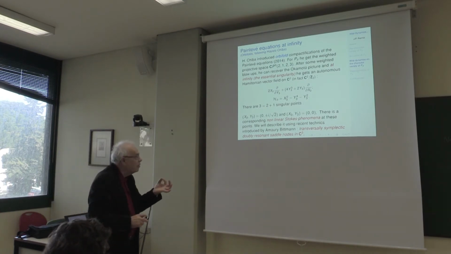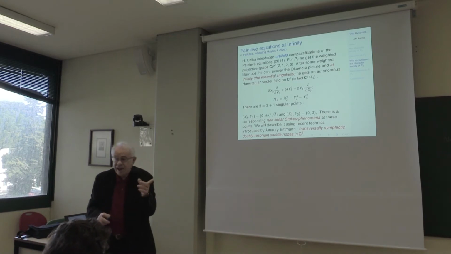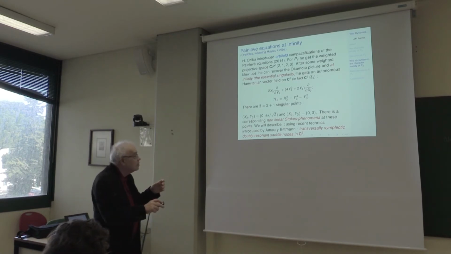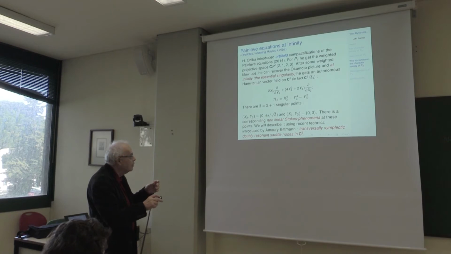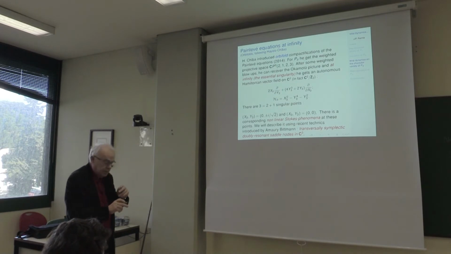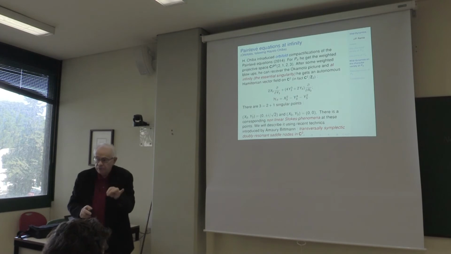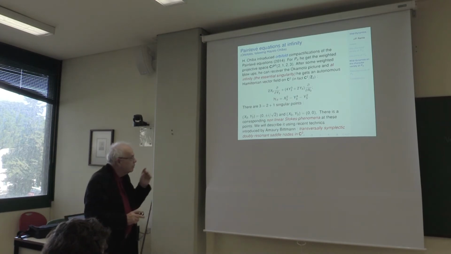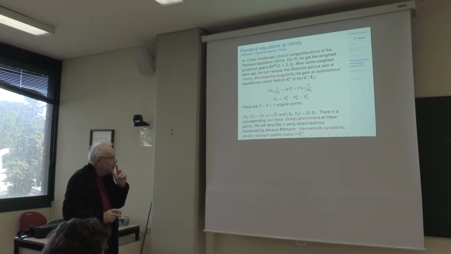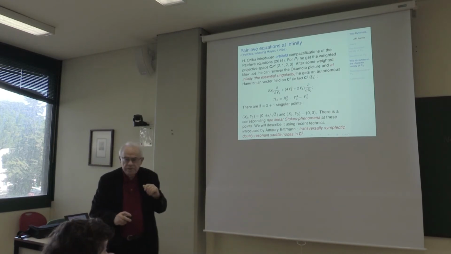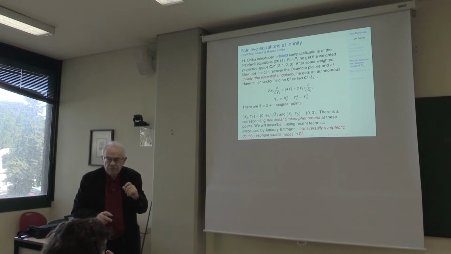If you recall, yesterday I described 9 lines. So this one corresponds to 3 lines, and this corresponds to the 6 lines with the symmetry. Okay, and in order to study this singular point, I will use a technique of Amory-Bittman, which is a generalization of this picture with this work with Jean Martinet.